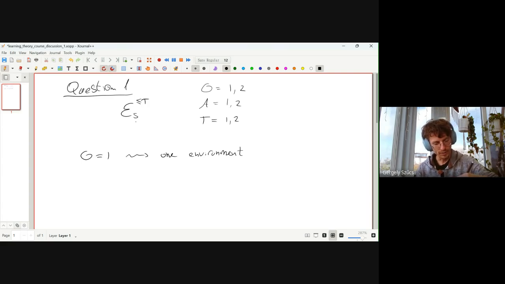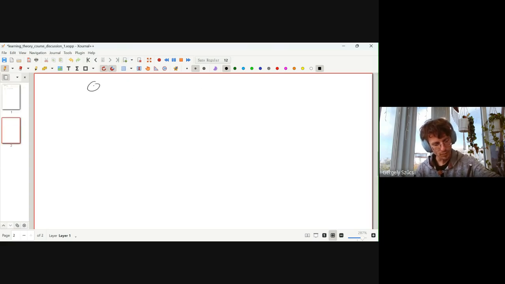So I guess the next simplest case is when we have 2 observations. Let's call them 0 and 1. And let's say there's just 1 action and 1 time step.